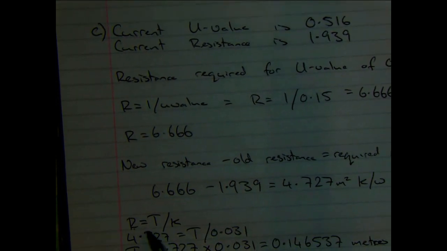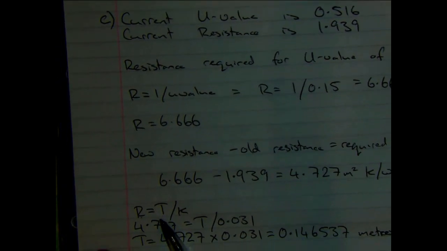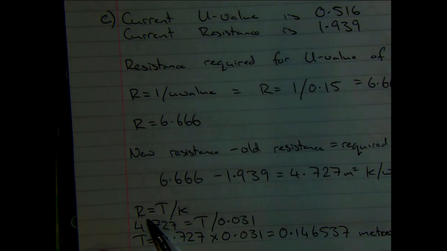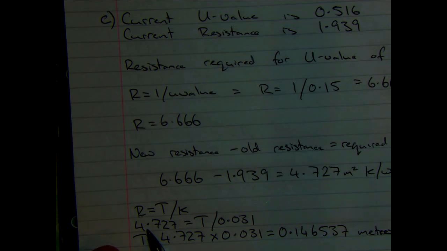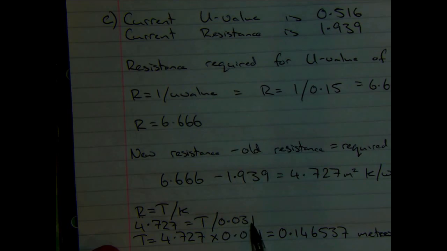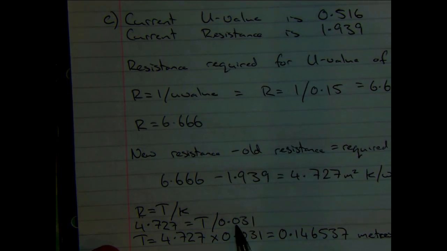Now we're going to use our formula again that we used in part A: resistance equals thickness over conductivity. This is the resistance we require, 4.727. We don't have the thickness, but we have the conductivity from the question. Part C tells us 0.031.